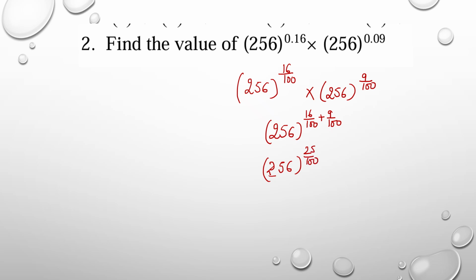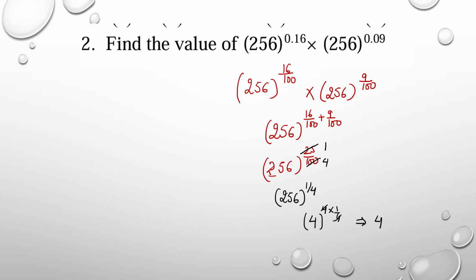25 by 100 can be cancelled. 1 upon 4. So 256 raised to the power 1 by 4. 256 को हम कैसे रीराइट कर सकते हैं? 4 raised to the power 4 into 1 by 4. 4 4 cancel.